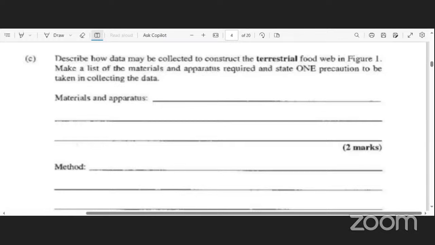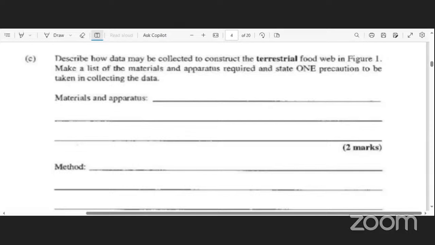Yes, Karima. So for the grasshopper, we are going to use the net in order to collect data for the grasshoppers, right? And for the caterpillar, I don't think caterpillars move really fast. Remember that a quadrat can be used to measure or count organisms that are slow moving or immobile.